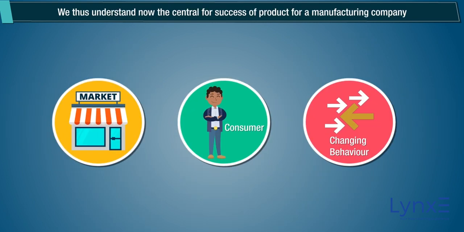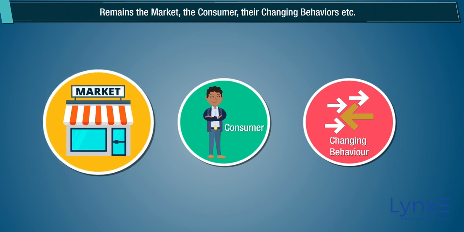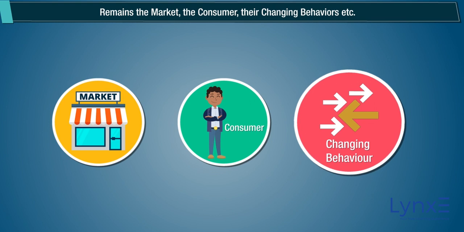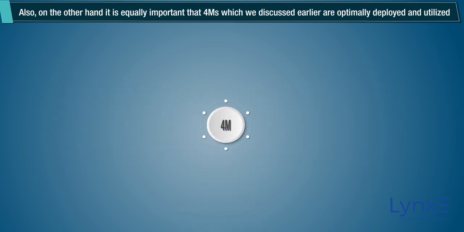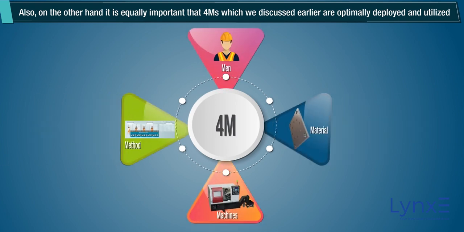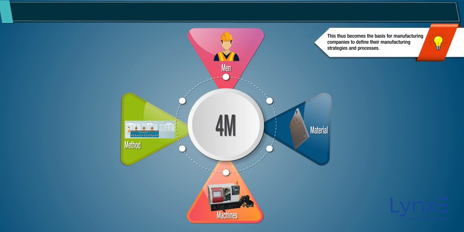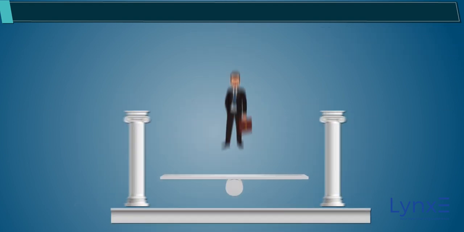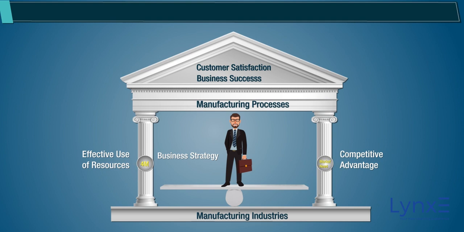We thus understand now the central factor for success of a product for a manufacturing company remains the market, the consumer, their changing behaviors, etc. Also, on the other hand, it is equally important that 4Ms which we discussed earlier are optimally deployed and utilized. Note: this thus becomes the basis for manufacturing companies to define their manufacturing strategies and processes. With this as background, let us now learn more about manufacturing strategy.